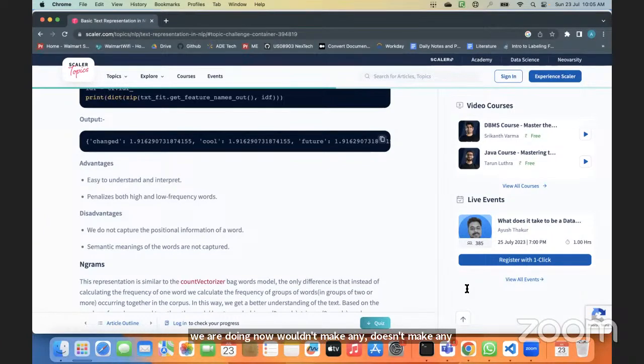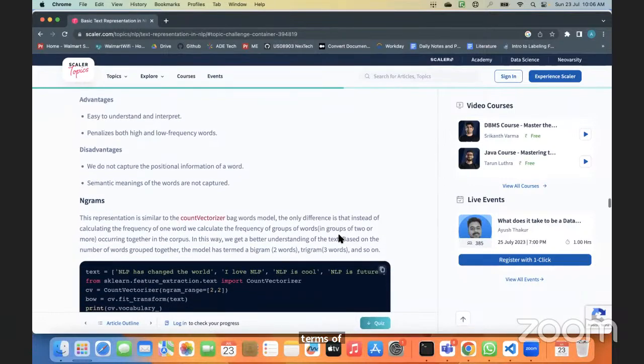We need lakhs of sentences, tens of lakhs of sentences, and then we need to extract statistics from that in order to develop at least a reasonable quality representation from text. But using context and meaning, even if you see 1,000 or 2,000 sentences, it would be enough for the model to understand the context, right? So that is where deep learning models are way ahead in terms of text representation when compared to statistical models.